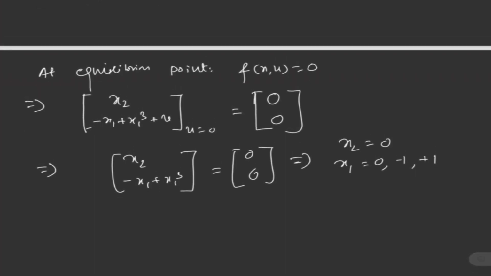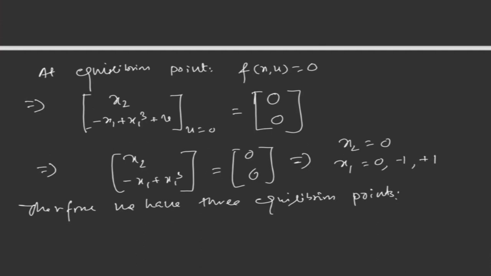So from these points, we have three equilibrium points, which I denote as x_e. The first equilibrium point is 0, 0. The second equilibrium point is 1, 0. And the third equilibrium point is minus 1 and 0.